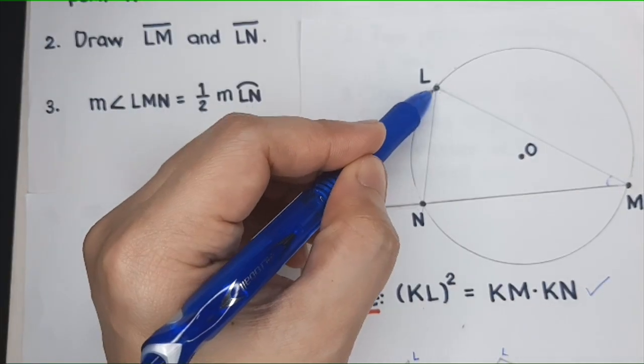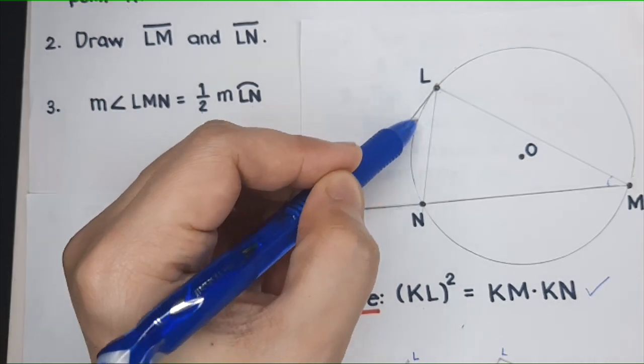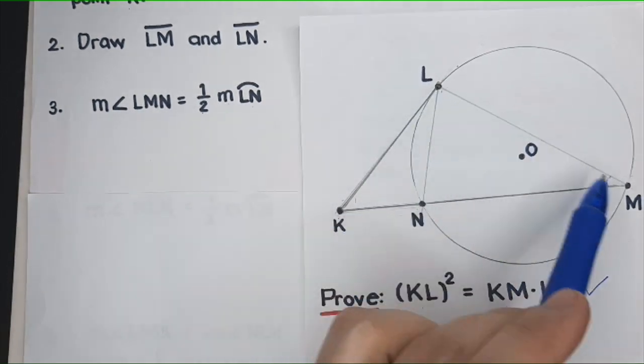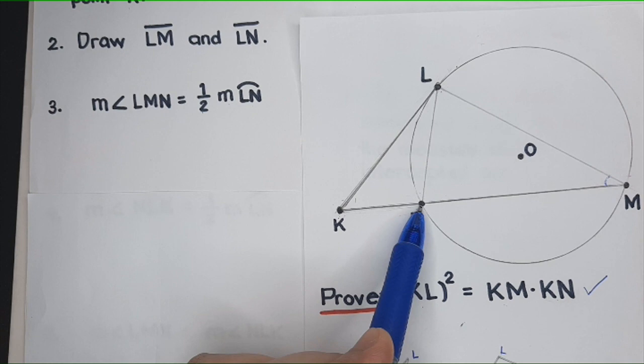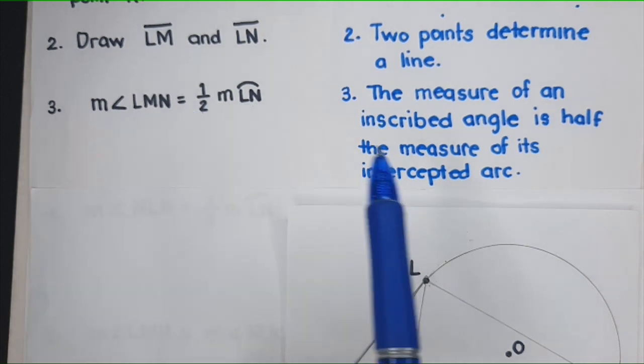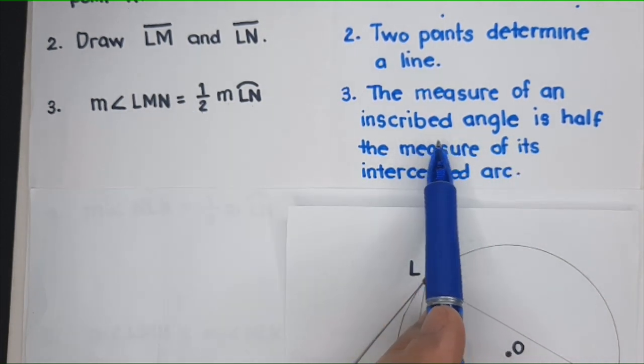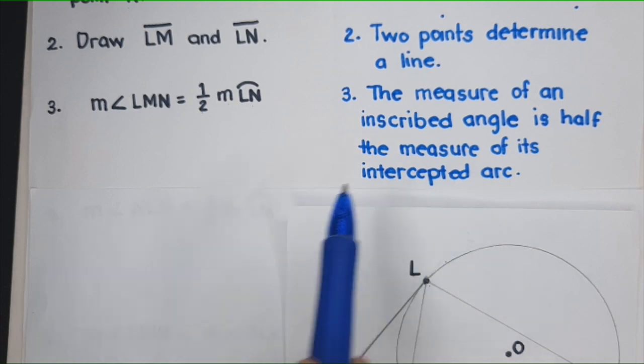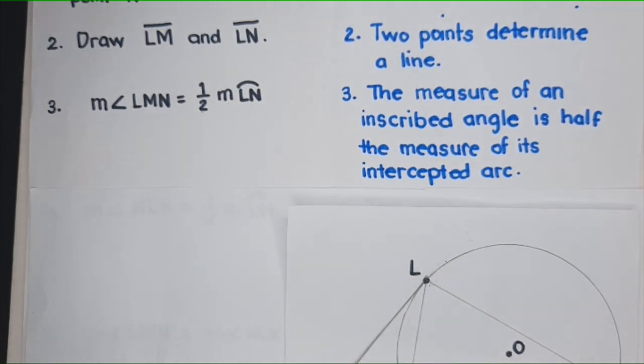So, this arc. Why? Because angle LMN is an inscribed angle. So, that's why the reason to this statement is the measure of an inscribed angle is half the measure of its intercepted arc. Okay? Okay.